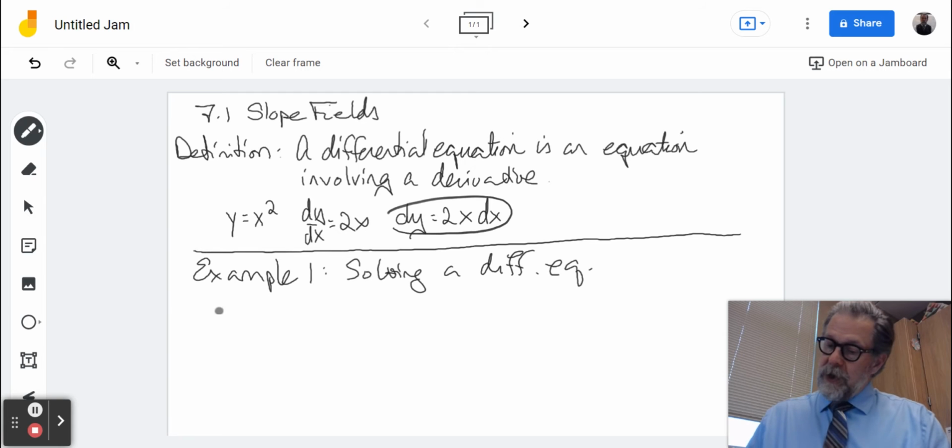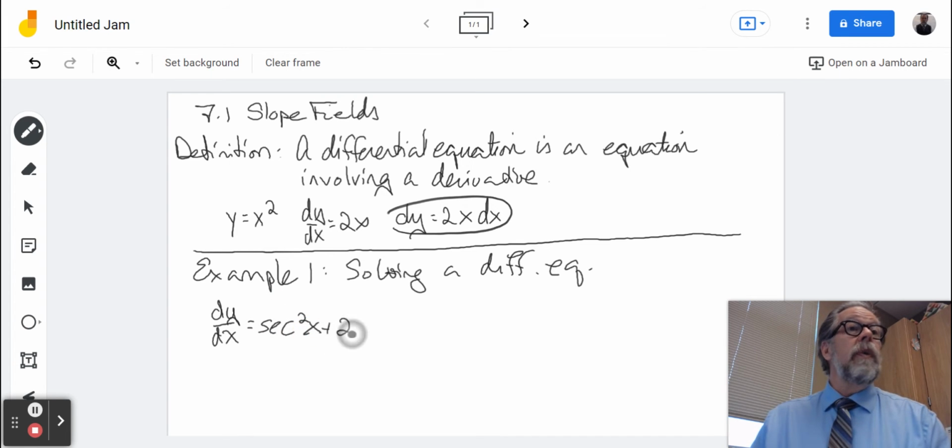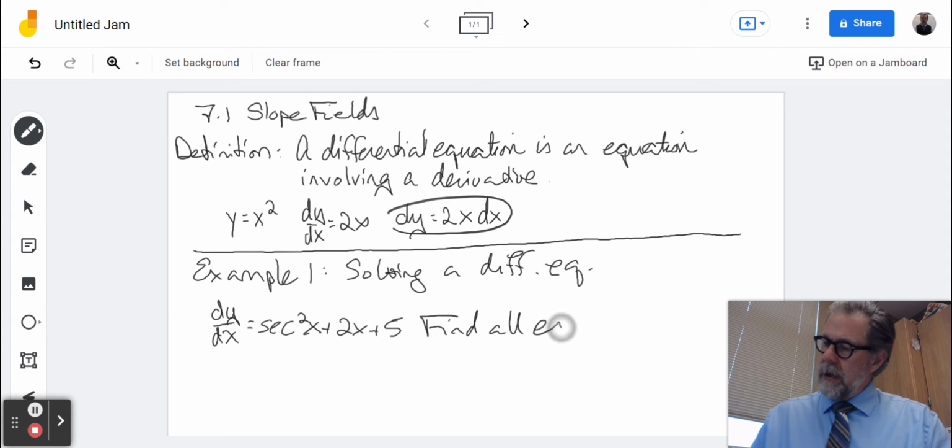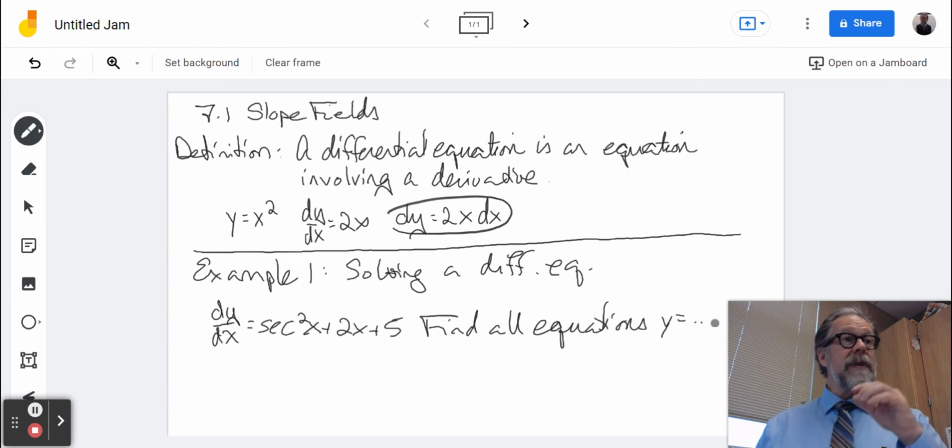Tons of fun. So we start with dy dx equals secant squared x plus 2x plus 5. And the goal is to find all equations y equals that satisfy that derivative.